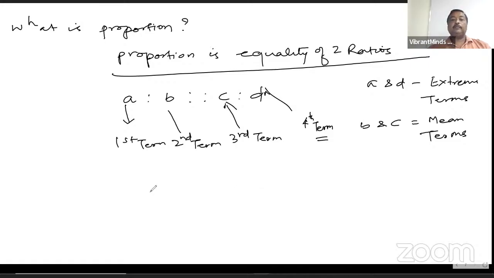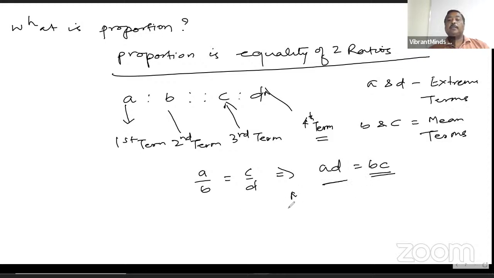Now understand, when we write it mathematically, A upon B is equal to C upon D. Now this can also be written as AD is equal to BC, isn't it? Here, what we have is extreme terms, mean terms.